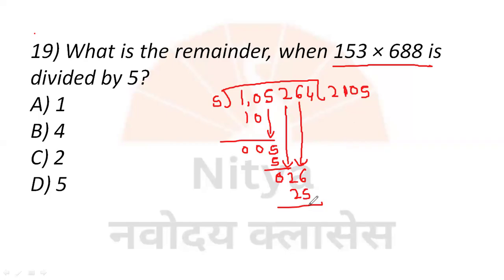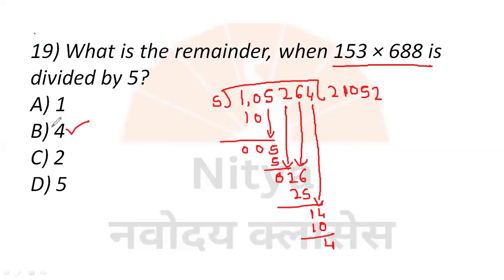So 26 minus 25 is 1, then bring down 4. So 5 2s are 10. So the remainder is 4. So this is our answer, 4. The option number B is the answer.